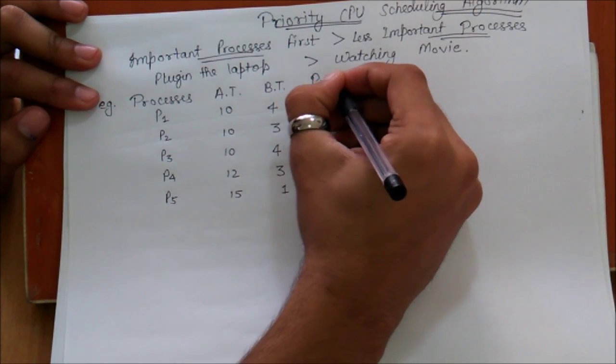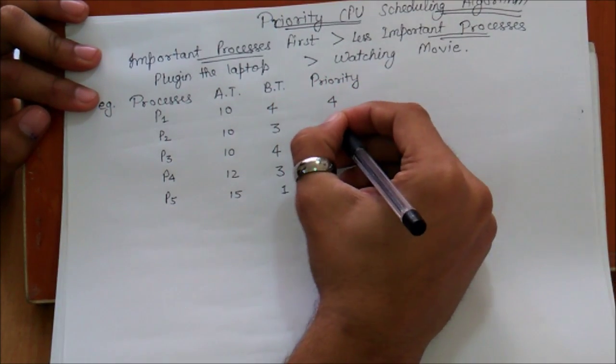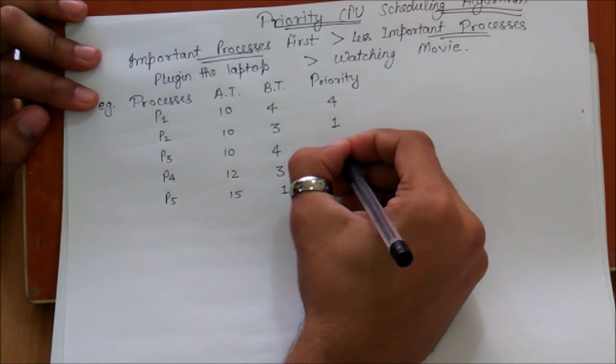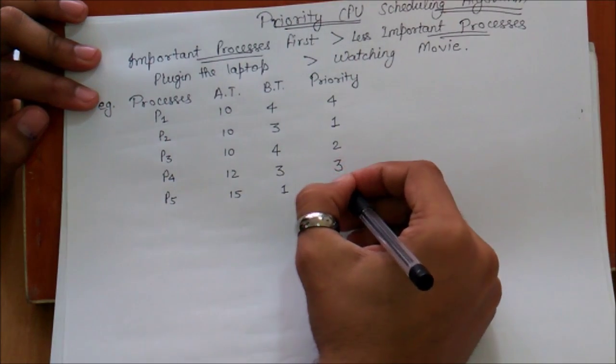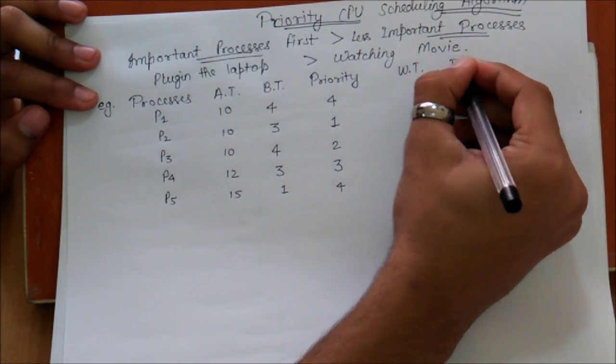Now we assign priority 4, 1, 2, 3, 4, and we have to calculate the waiting time and the turnaround time.